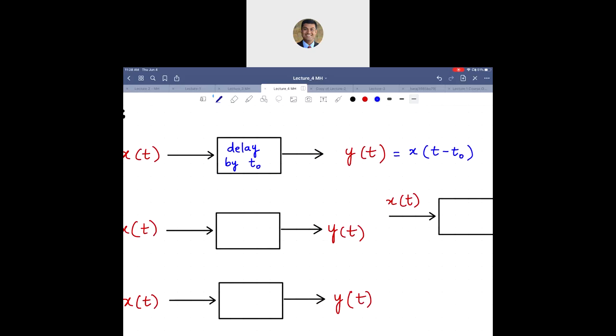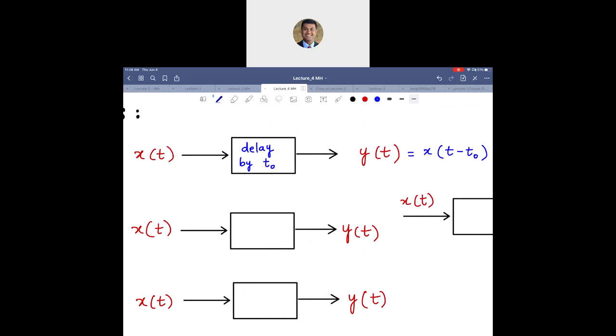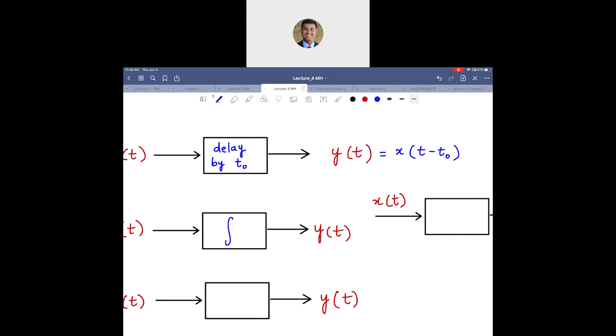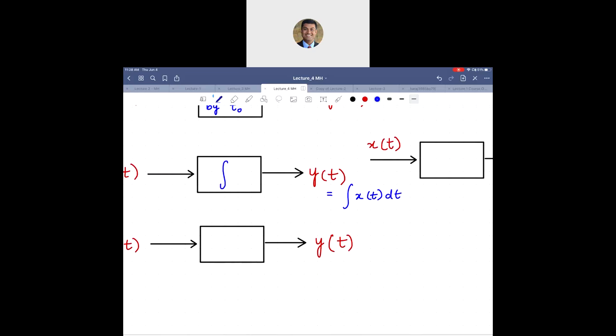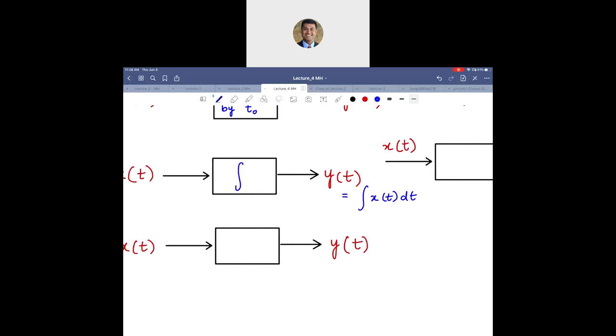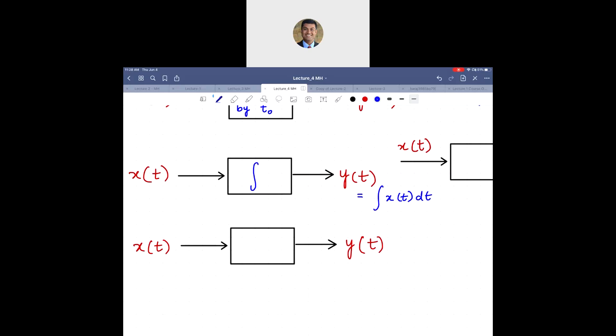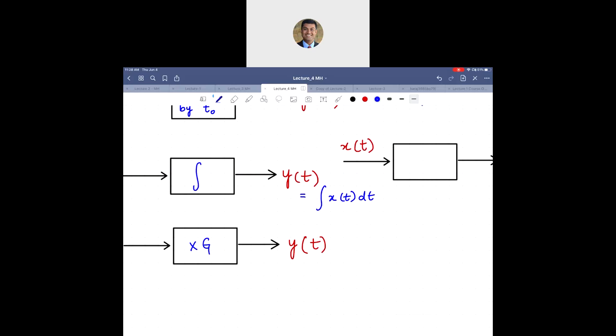Next example, this could be an accumulator or an integrator. So y of t can be written as an integration of the input x of t dt. Just examples over here. The third system could be an amplifier of some gain g. Y of t in this case can be written as g times x of t.